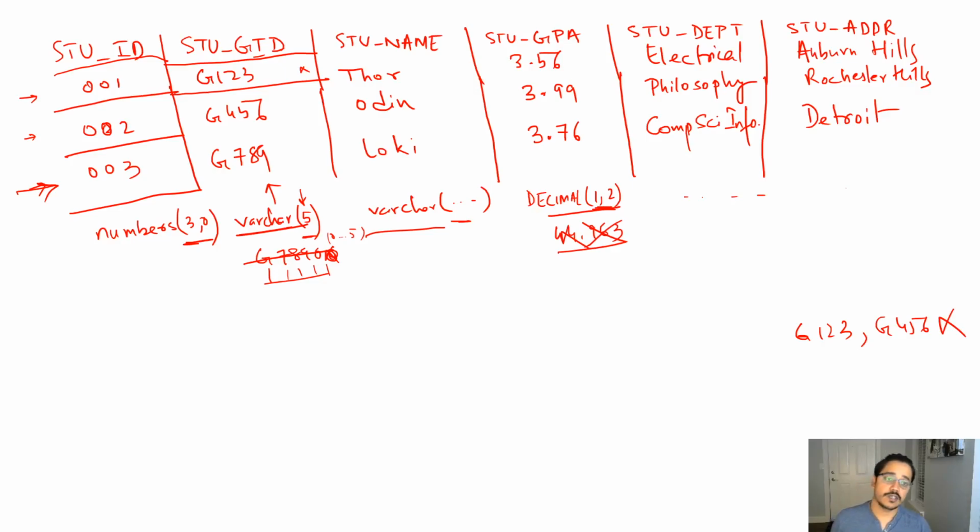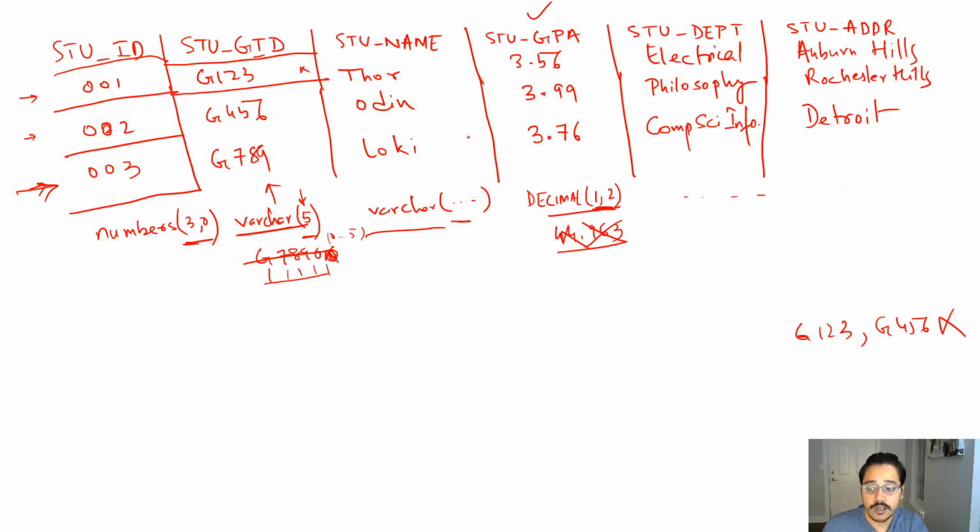The attributes that do not help us uniquely distinguish each record from each other: if you select GPA, multiple students can have the same GPA, right? Even though there is uniqueness that you can see right here, necessarily that won't be the case when you start to populate the table with all the students in the university.